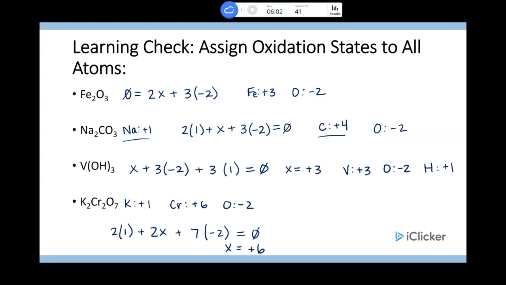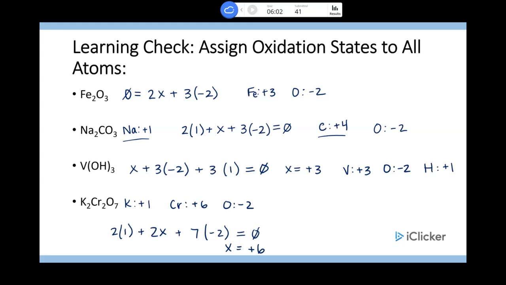But you wouldn't know chromium if you didn't know potassium and oxygen, so you'd have to know those as well. Yeah, so the potassium charge is given from the question. Okay. So I don't know if we have any examples here.